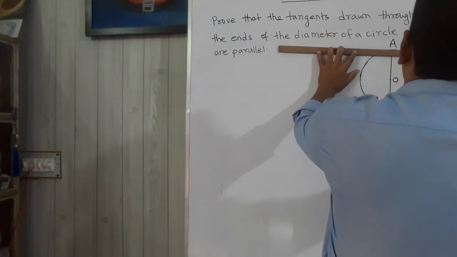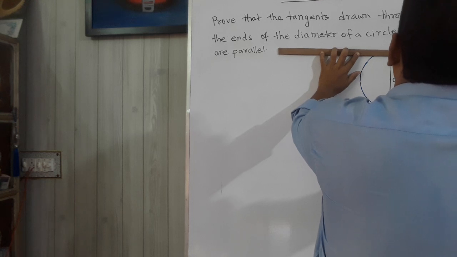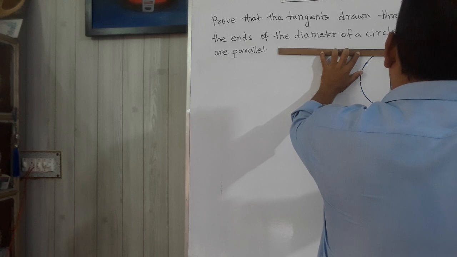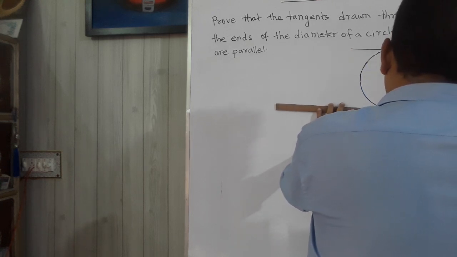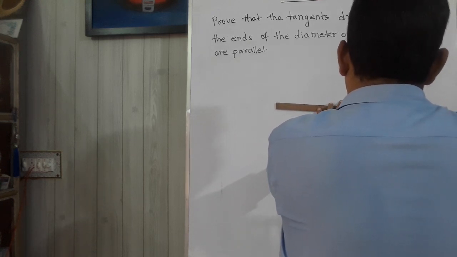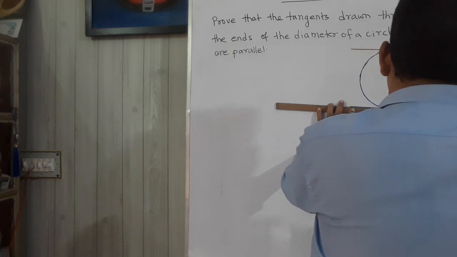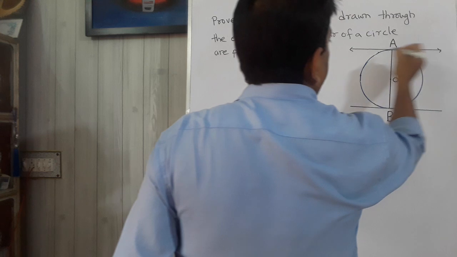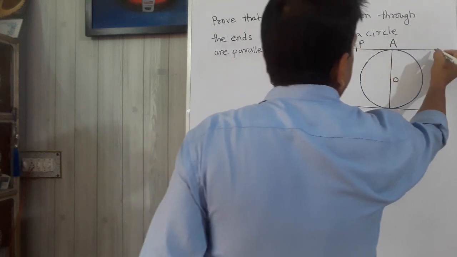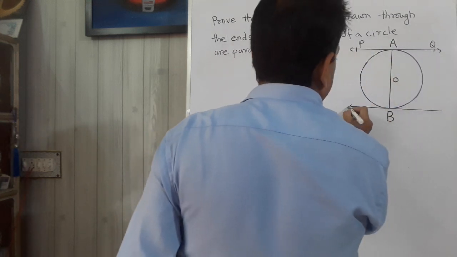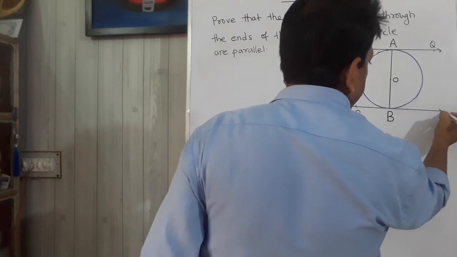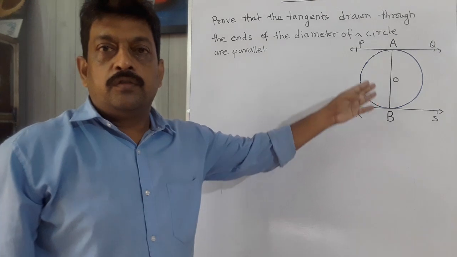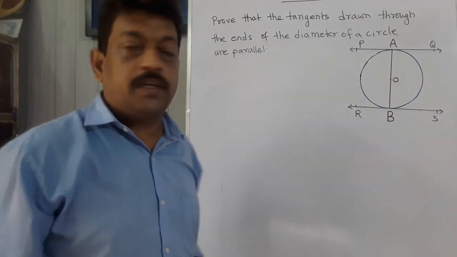So first of all, let me draw two tangents through the endpoints A and B. Suppose PQ and RS are the two tangents. This is PQ and this is RS. PQ and RS are two tangents drawn through A and B respectively.